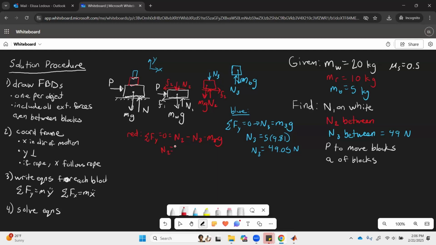Normal force 2 equals normal force 3 plus mass of the red block times gravity. So this is going to be 49.05 plus 10 times 9.81, and that is going to equal about 147 newtons is normal force 2.